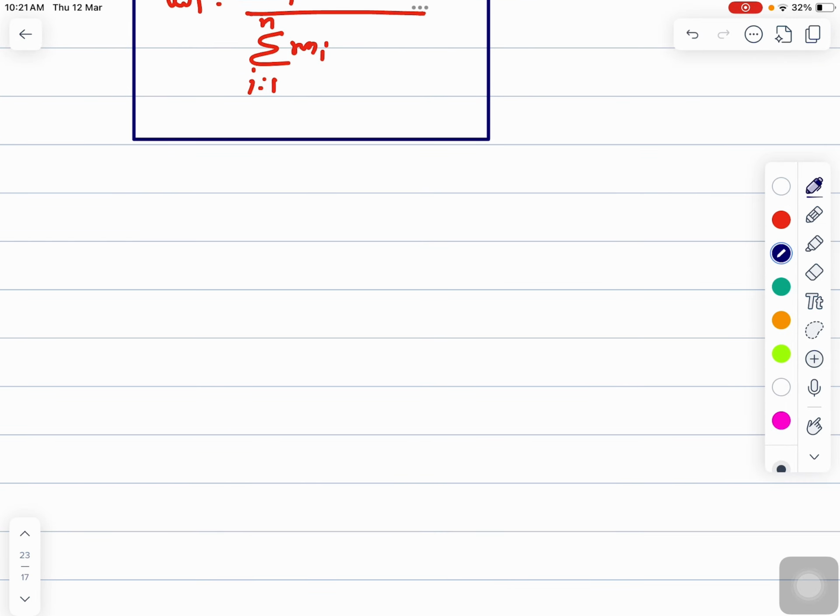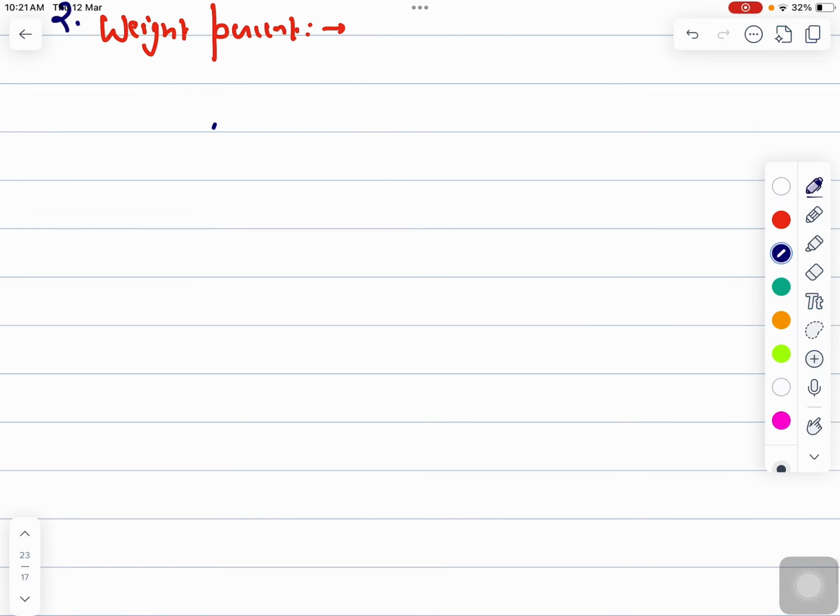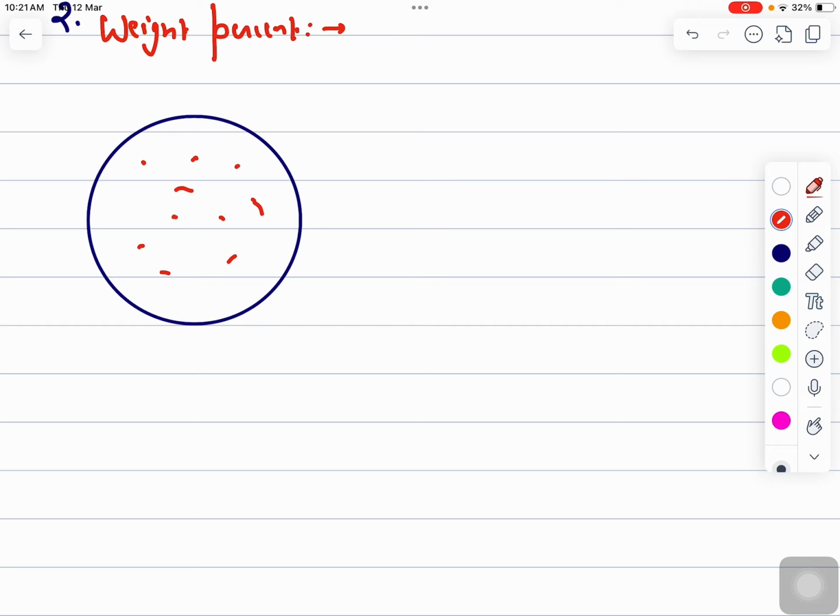Then if I talk about the second parameter, that is your weight percent. Similarly, I can define it. Let's say you have a mixture of two or more solids, so there is B and there is A, and you have your Ma and Mb.